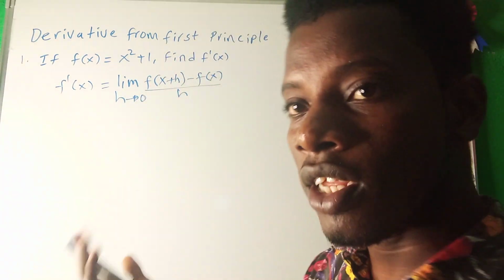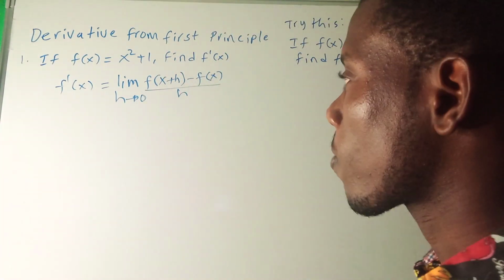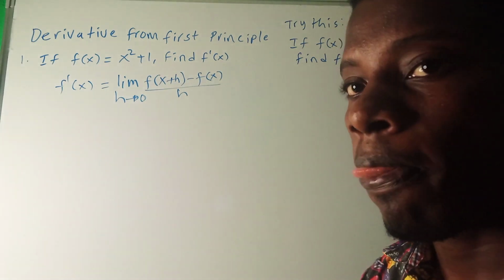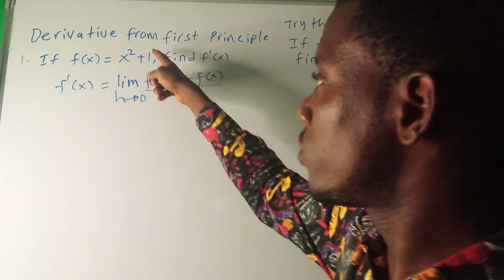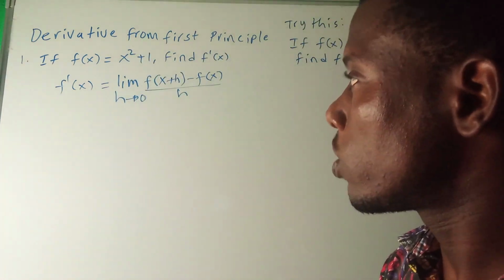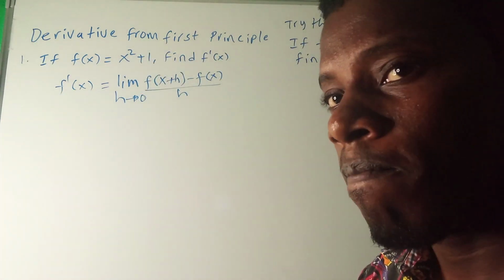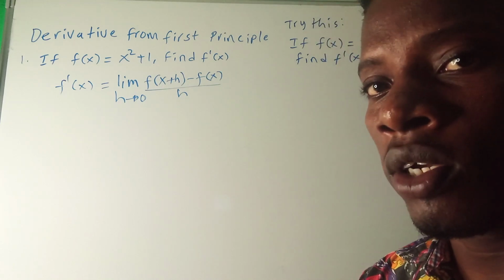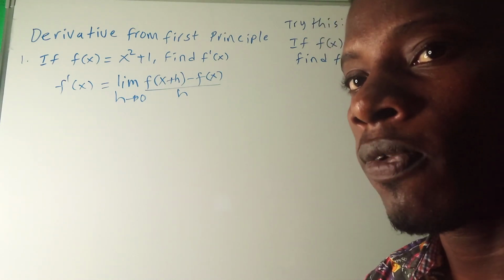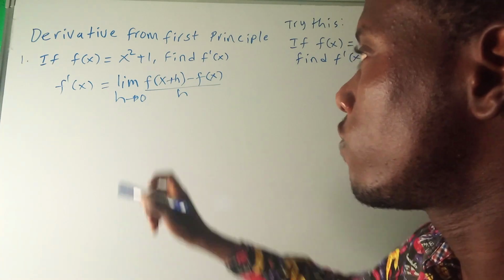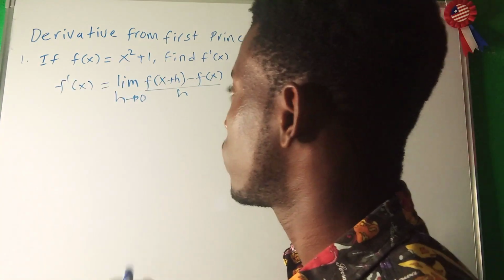This is the definition of the derivative of a function. Using this expression, we can find the derivative of any function, whether trigonometric, exponential, polynomial, and so on. So let's begin by finding the derivative of this function for the first question we're given.